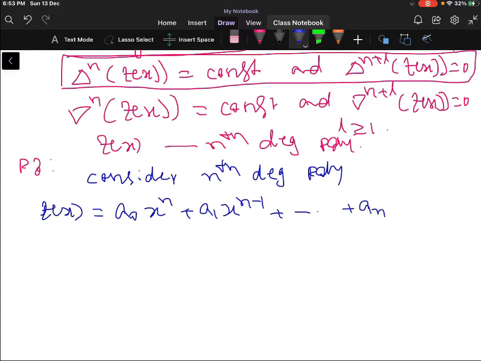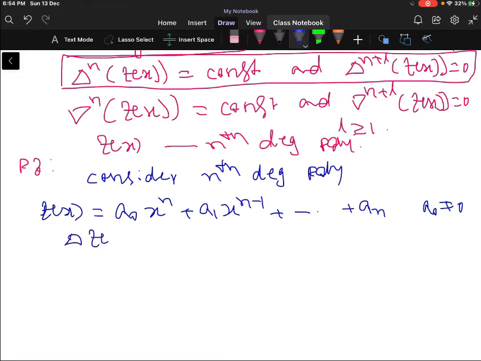So this is the general form of nth degree polynomial where a0 is not equal to 0. To prove this result, let us use the forward differences.